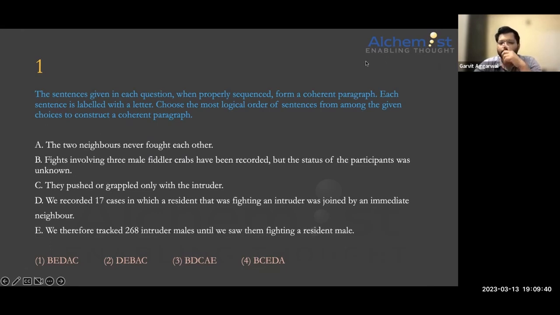So what do you guys think should be the approach for these questions? How should you approach solving these questions?